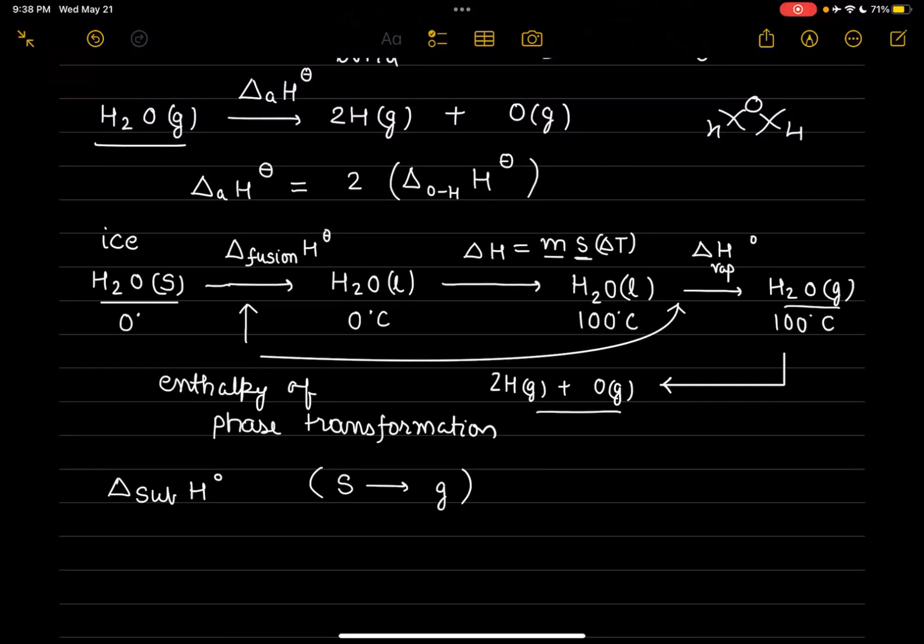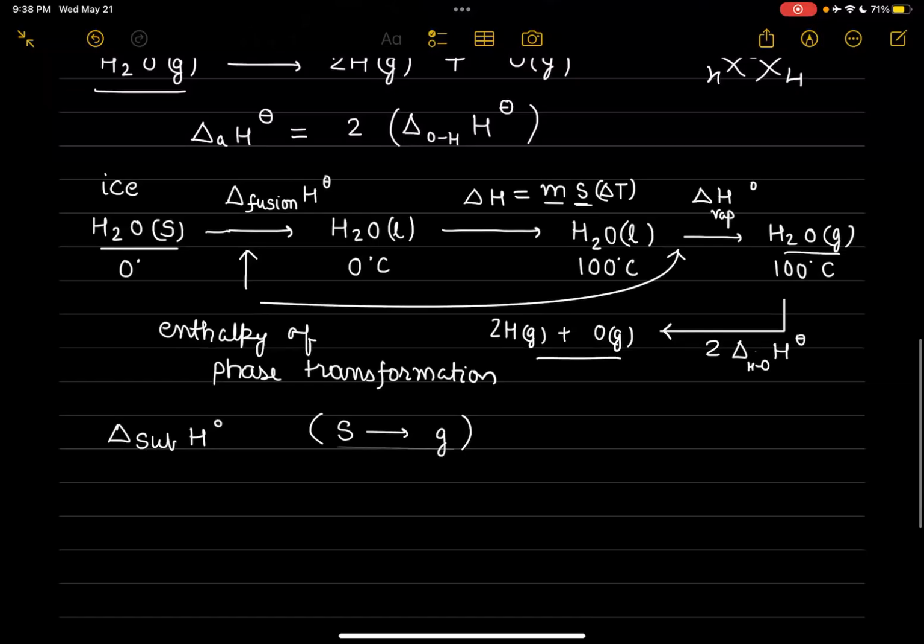Okay, this is twice delta bond energy of the OH bond, because there are two OH bonds being broken. Is that clear? Yes, sir.